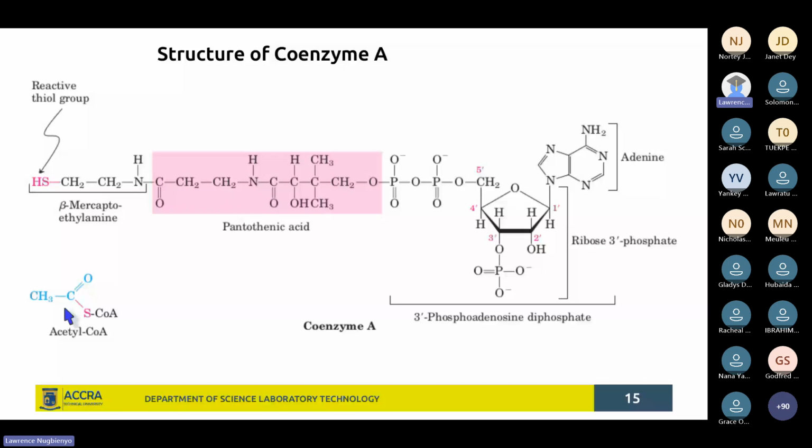So when you have that hydrogen now given out, you can have the sulfur binding on the acetyl group to give you the acetyl-CoA. Even if you don't understand anything at all, you should remember that the reactive portion of the coenzyme A is this thiol group or the sulfhydryl group at the end of the molecule.